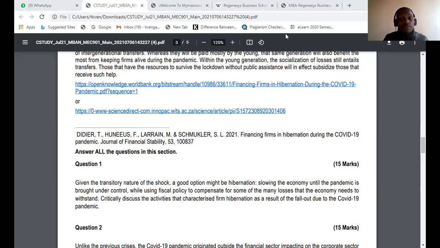So you can see that firms can start borrowing money on the existing contracts that they already have. So that's another thing that you also find in the market.